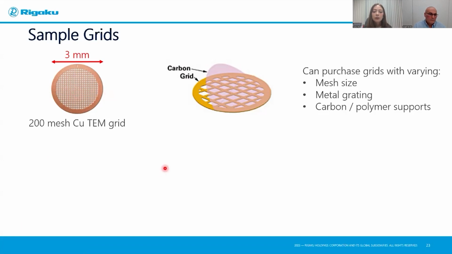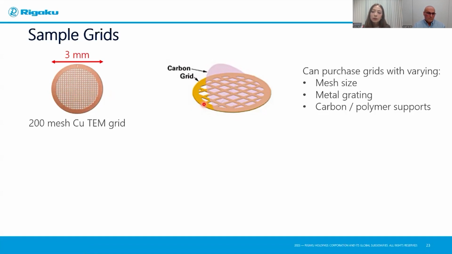The grids themselves are made up of just a couple of components. One of them is this metal grid, which gives the grid some rigidity and support. Then there is some sort of film in between these grid bars, which is where our particles are going to sit, and this film is meant to be as electron transparent as possible.